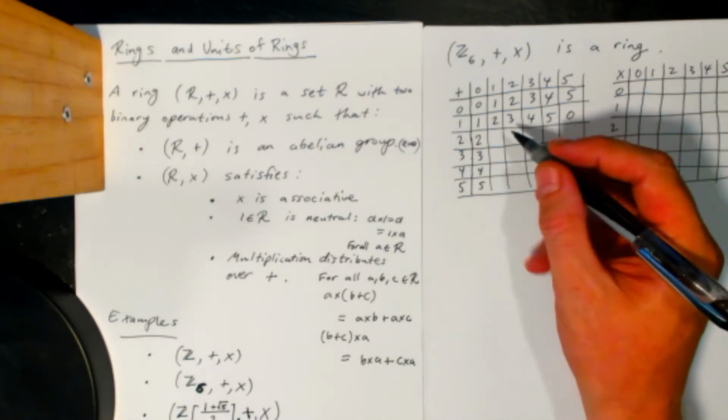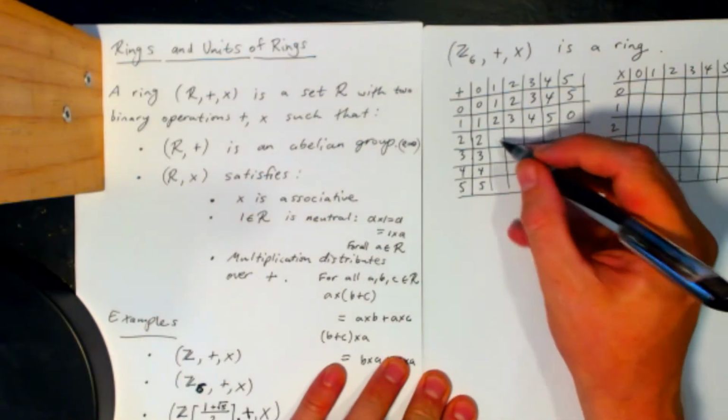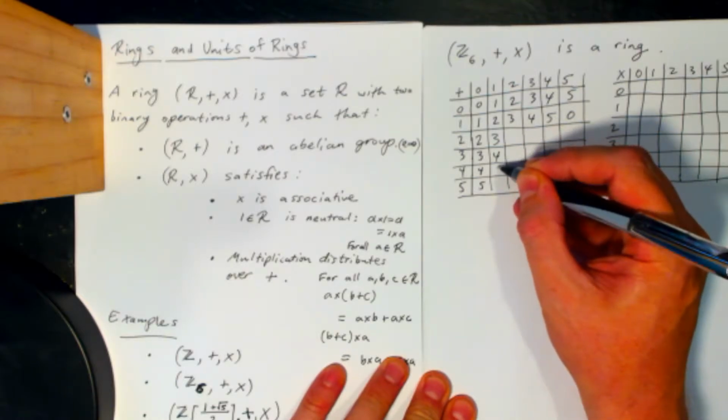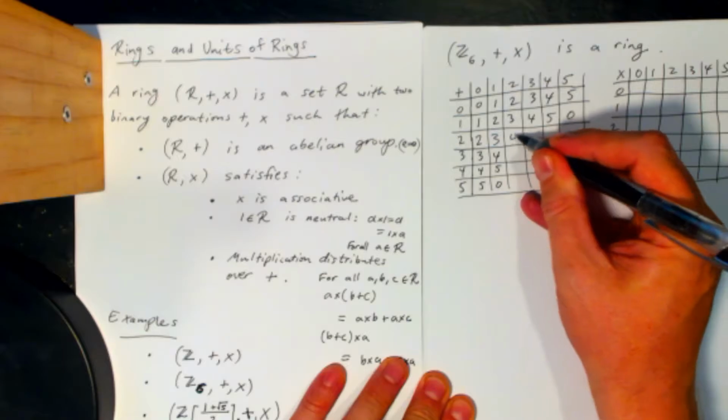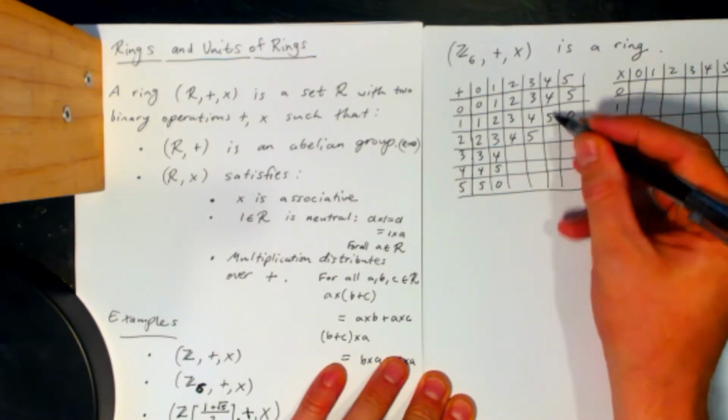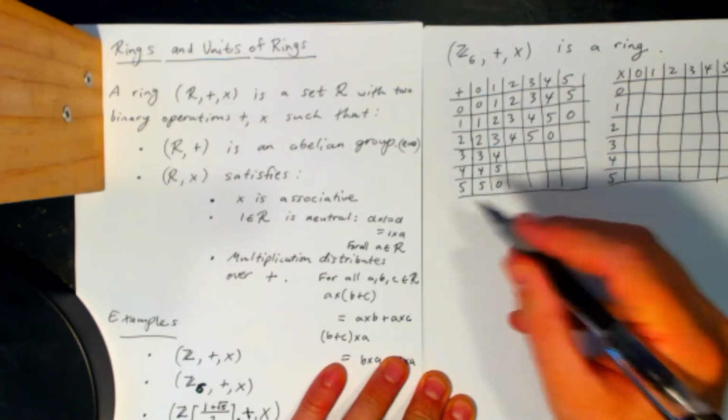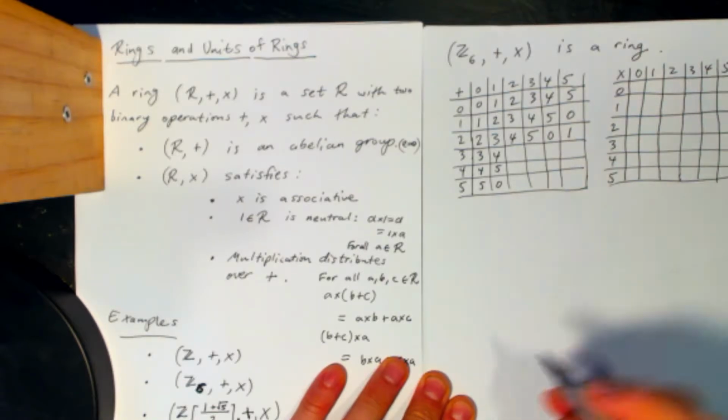Okay, so we can do the same thing down this first column. And now 2 plus 2 is 4, 2 plus 3 is 5, 2 plus 4 is 0, 2 plus 5 is 1.